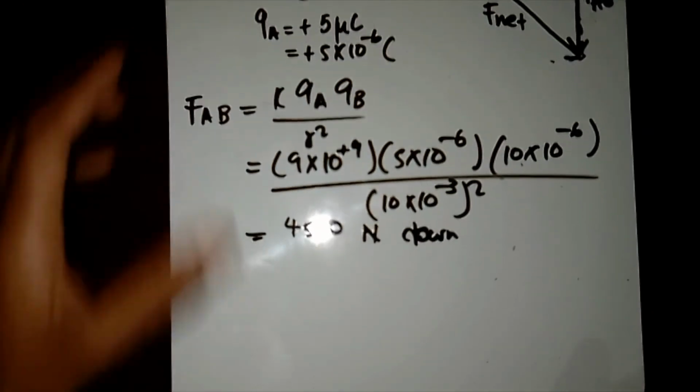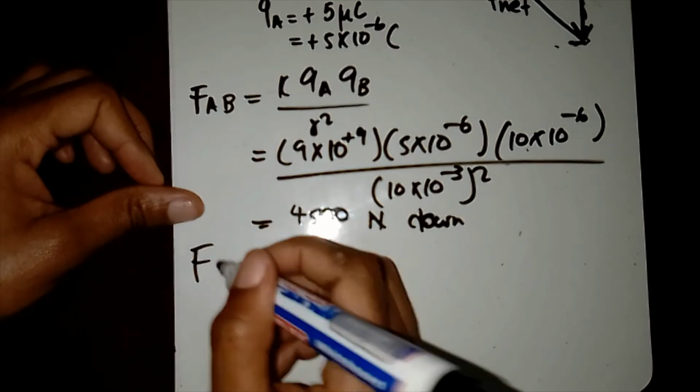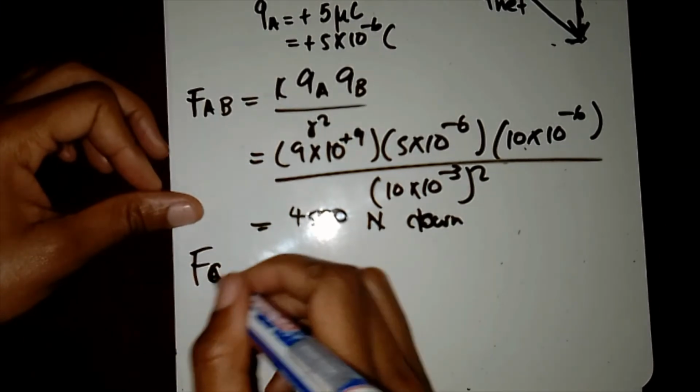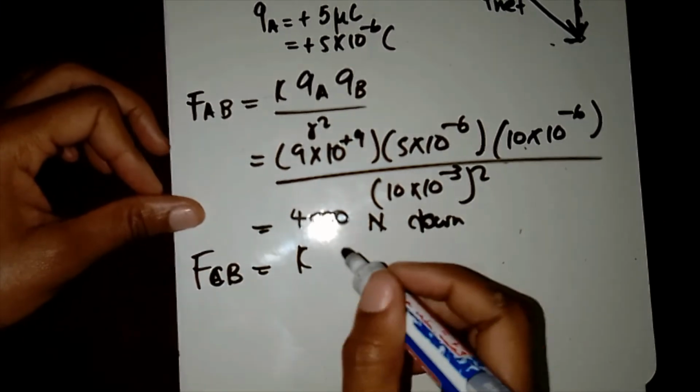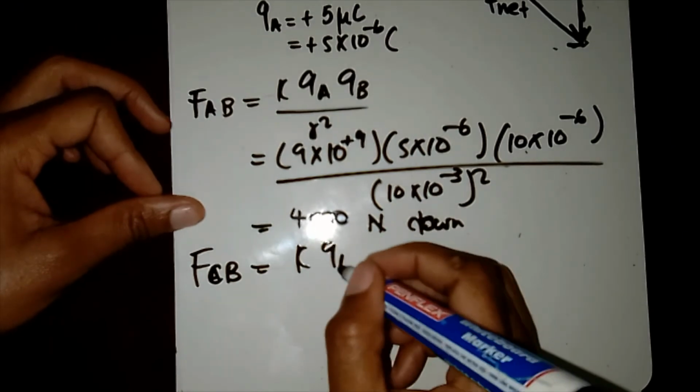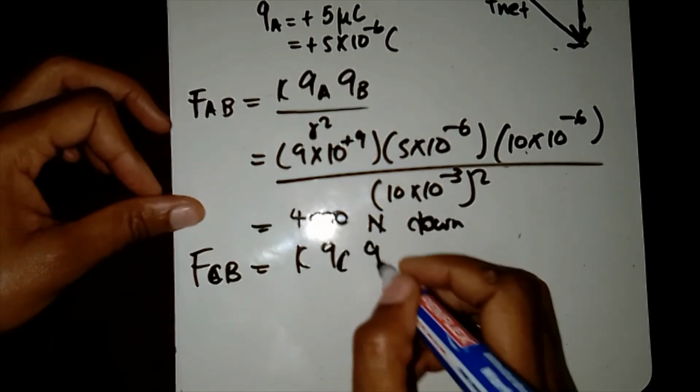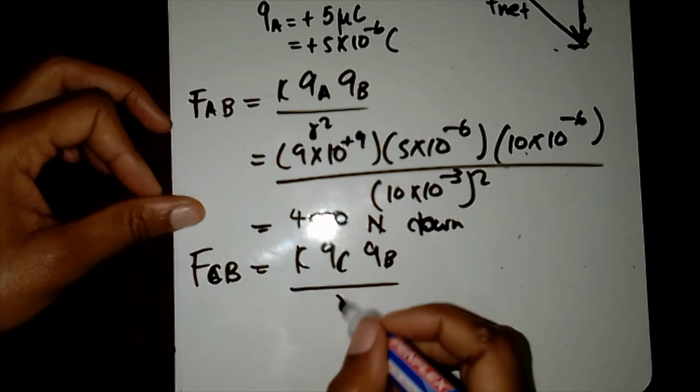So we try to do the same thing again for FC on B. We say F equals K, QC, QB, all of it divided by R squared.